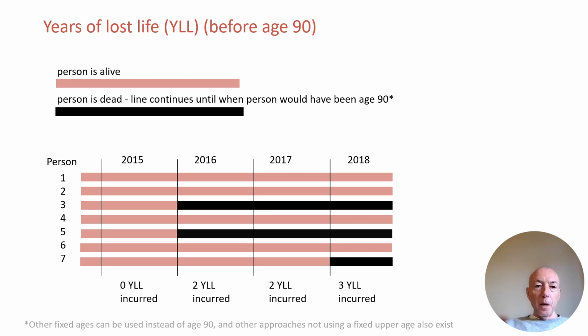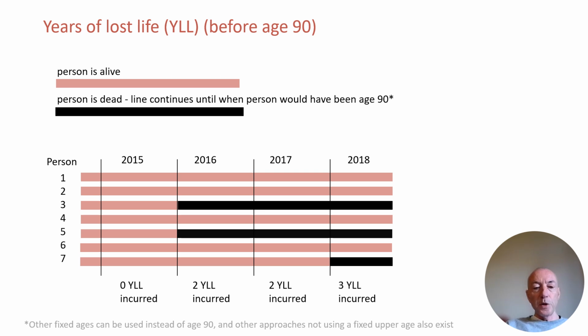So another way of thinking about this, though, is years of life lost. And when we're talking about years of life lost, we're referring to years of life lost up to a particular age that a person might have lived to. So in this example, I'm suggesting the age might be age 90, but this does vary according to the way in which this is done.